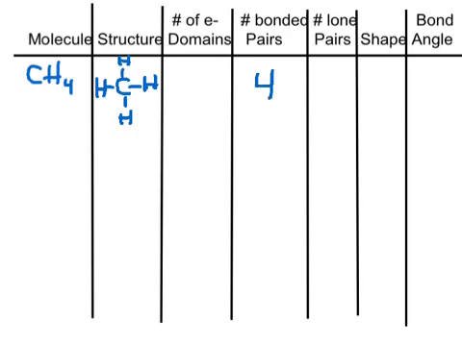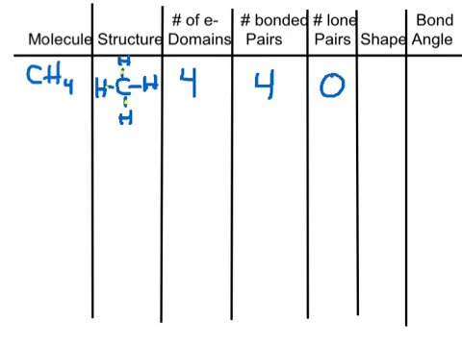In fact, all sides of carbon have electrons on them, so the number of electron domains is also 4. And there are no lone pairs around carbon, so it's 0.